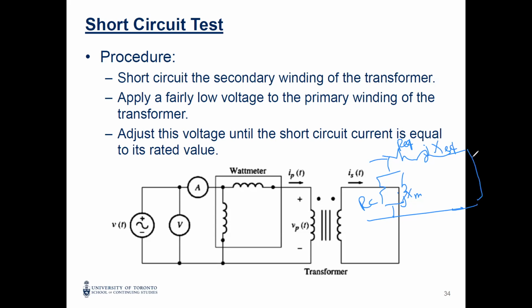You have a short circuit here. As we said, the current will reach the rated current. The current I0, as I said, is a small current compared to the rated current. So you can ignore the entire branch. And your equivalent is just R equivalent and X equivalent.